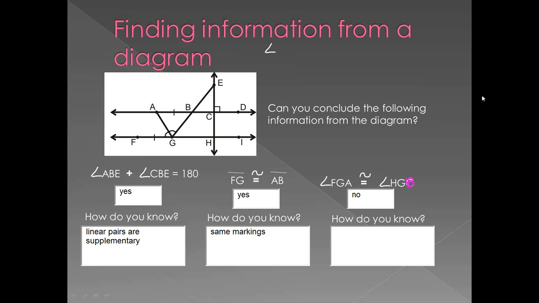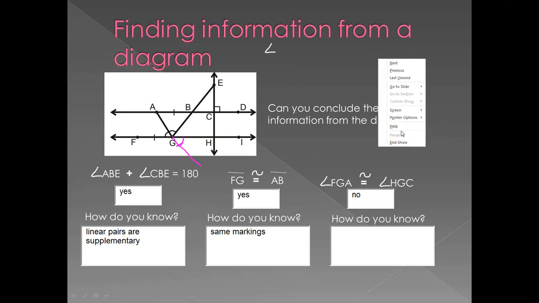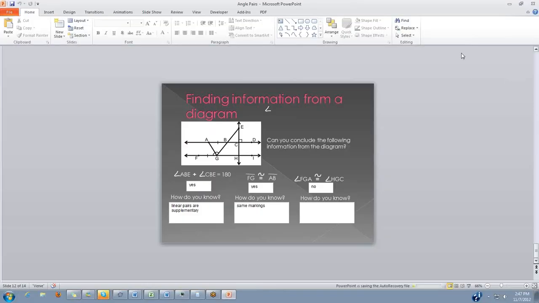If we extended this line, so it was like that, then the angle down here would be equal. But the angle that we have isn't. Give me 1 sec.